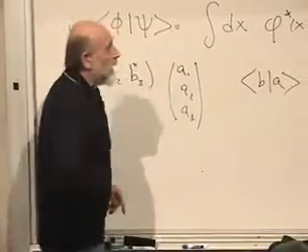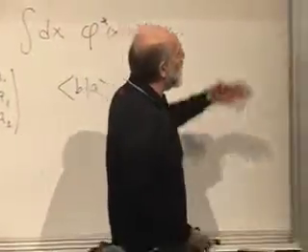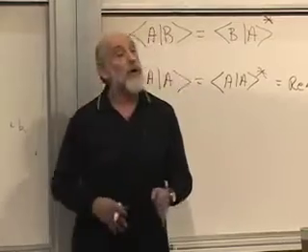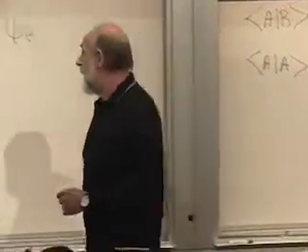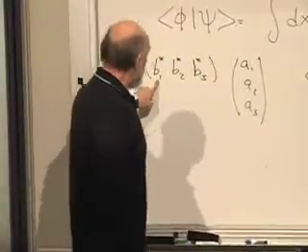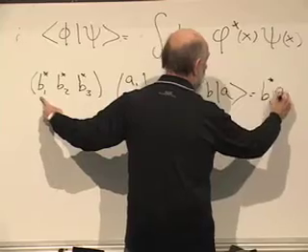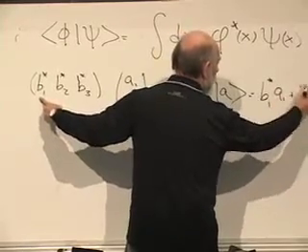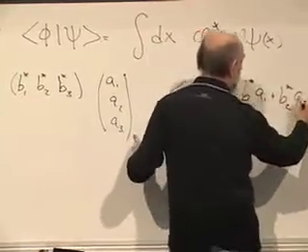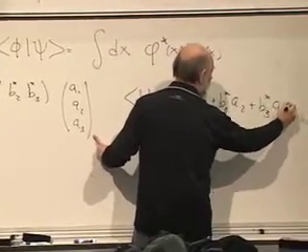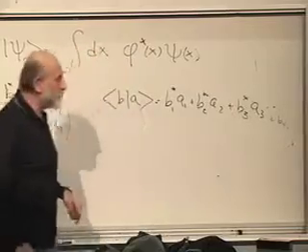is just, in very close analogy with the way you take inner products for ordinary vectors, the sum of the products of the components: B1 star A1 plus B2 star A2 plus B3 star A3, dot, dot, dot, however many of them there are.